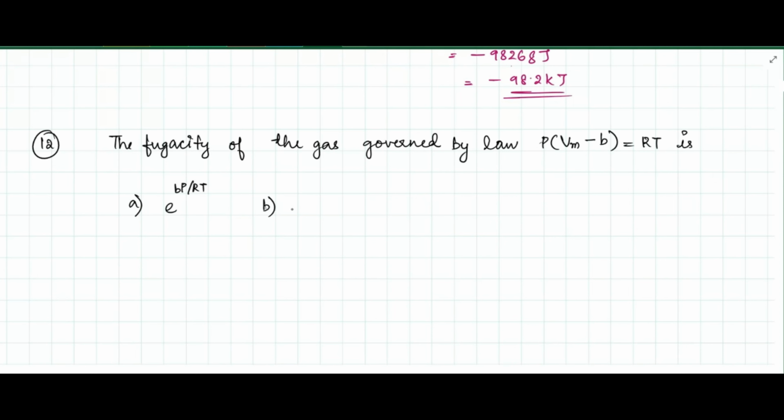Option B, P e to the power Vp by RT. Option C, e to the power minus Vp by RT. Option D, P e to the power minus Vp by RT.